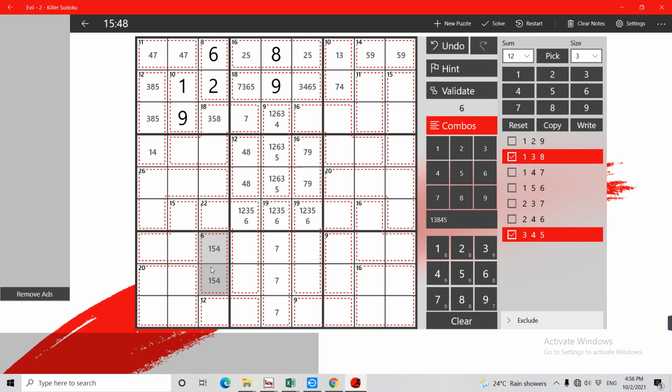And if I go here, like 6 and 2 are here, I'll not be able to use 4. It needs to be 1 and 5, which means I cannot have a 5 here, which means these 3 numbers need to be 5.